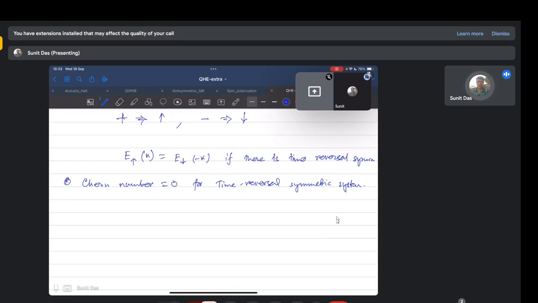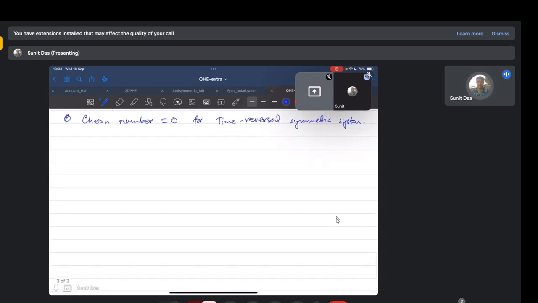So what we can do to define topology in this case is that the total Chern number is definitely 0 because there is time reversal symmetry, but we can define a spin resolved Chern number. That need not be 0.